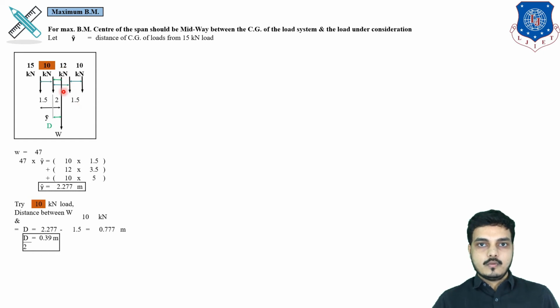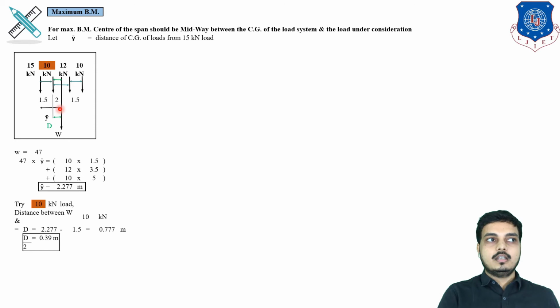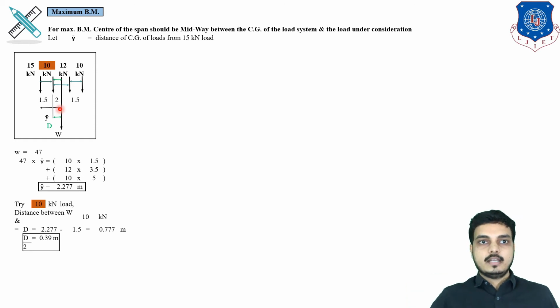Now I have assumed one W line which says that this is the CG of the load. CG of the load means if on the left side is 10 kilonewton load and on the right side is 10 kilonewton load, the center of that is my CG of loading, meaning equal loads should be on both sides. So I have assumed that this W line is the CG of all four loads.